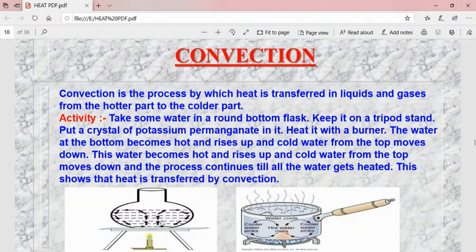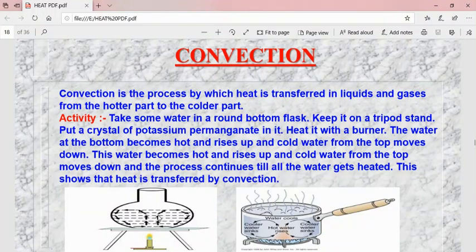Now how can you say that this convection process is taking place in this water? In order to understand that, I have used crystals of potassium permanganate. As you go on heating this water, the water molecules at the bottom of this flask will get heated first.